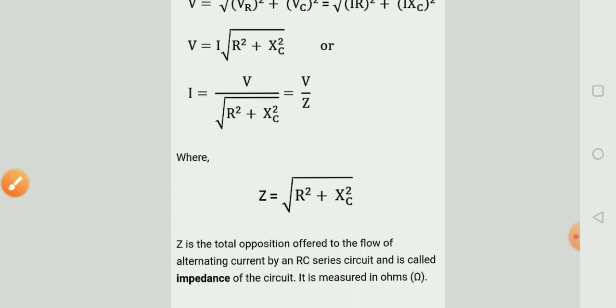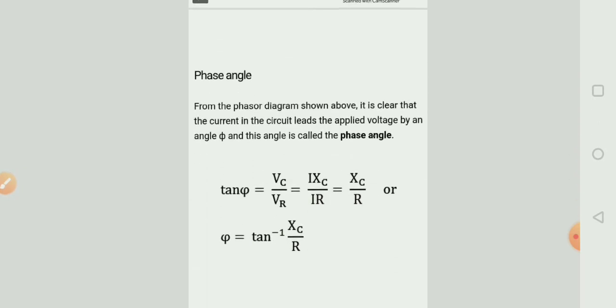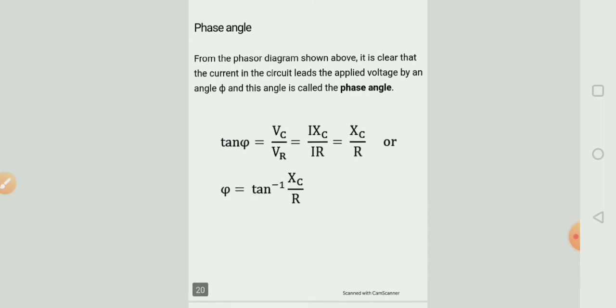This is the impedance for the RC circuit, and the phase angle is tan theta equal to VC over VR. The value of phi is tan inverse of XC over R. So for calculating the angle, we need two values, XC and R.